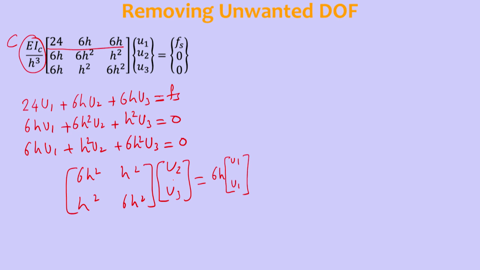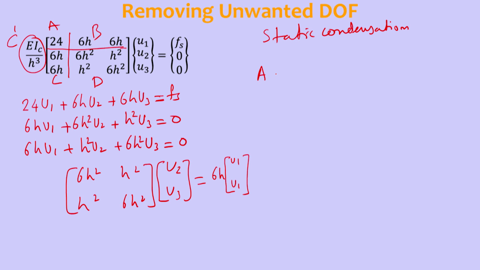There is another method which is called static condensation. In static condensation, the entire matrix can be divided into 4 parts. We can say this as A, this as B, this as C, and this as D. So this matrix can be formulated, C is there here, we can write this as C prime.